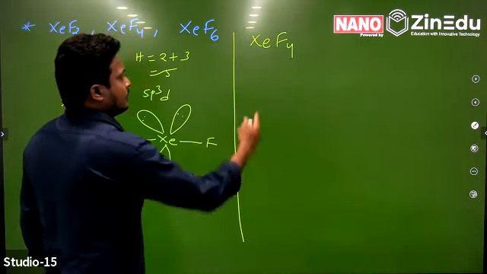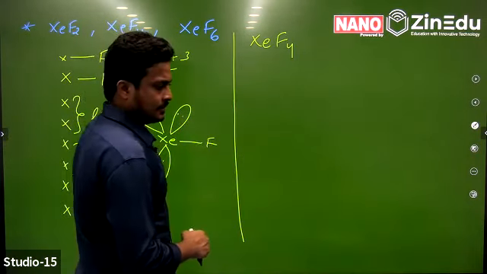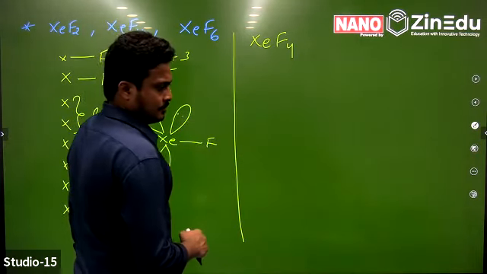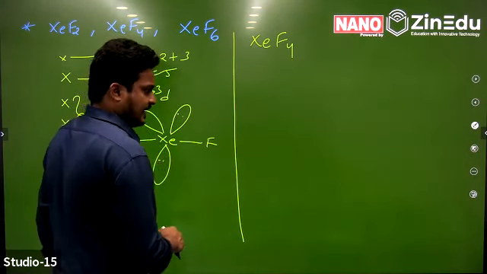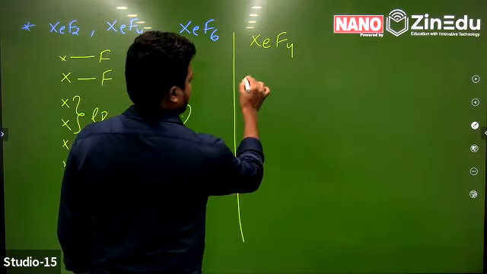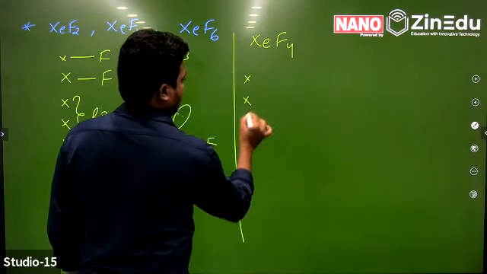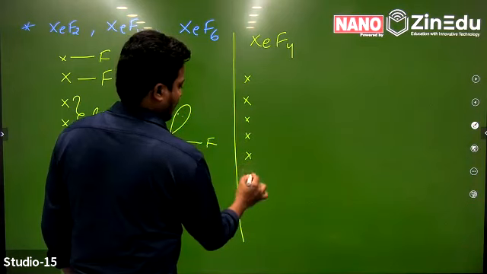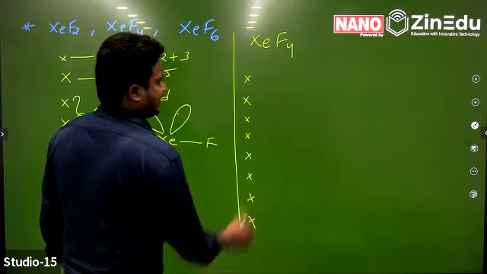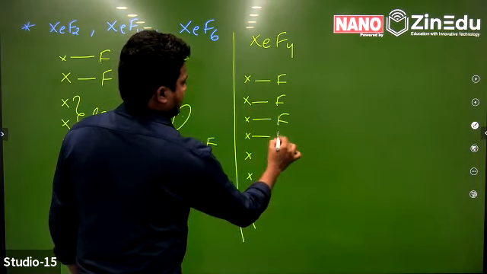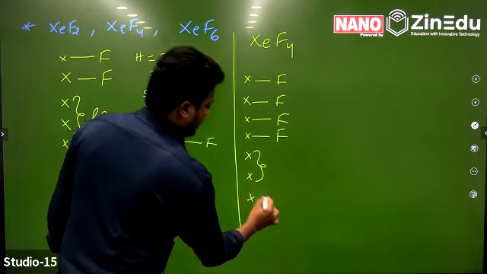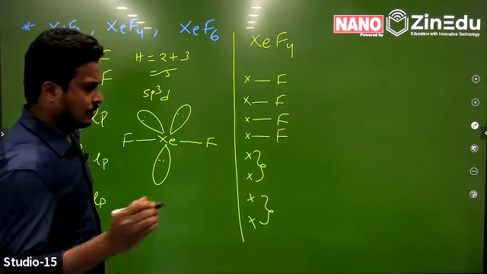Very good. sp3d2. We will check it once. Xenon has 8 electrons, 1, 2, 3, 4, 5, 6, 7, 8. 4 fluorines. Halogen always forms a single bond. Now how many lone pairs are there? 2 lone pairs.